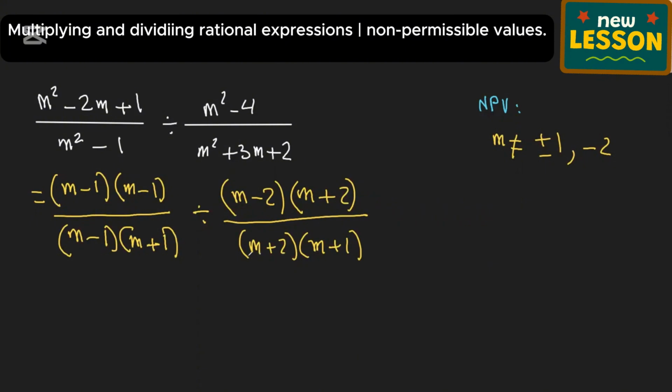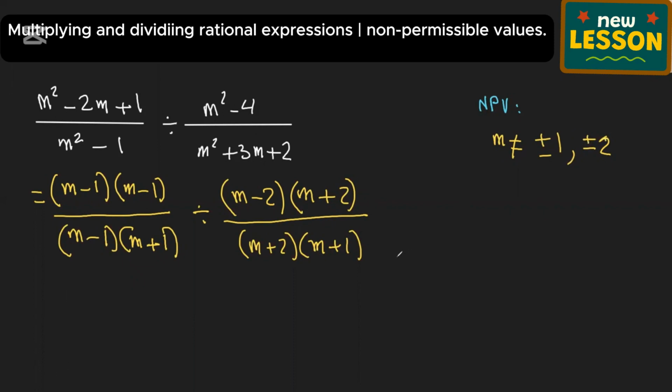But when you're dividing, what you're dividing by, which is right here, you have to tell what the non-permissible values are from the top and the bottom. So here, m cannot equal +2 and m cannot equal -2. We have the -2 there, but we didn't indicate the +2. So I'm just going to put the positive on top of that. All right, so these are my non-permissible values.